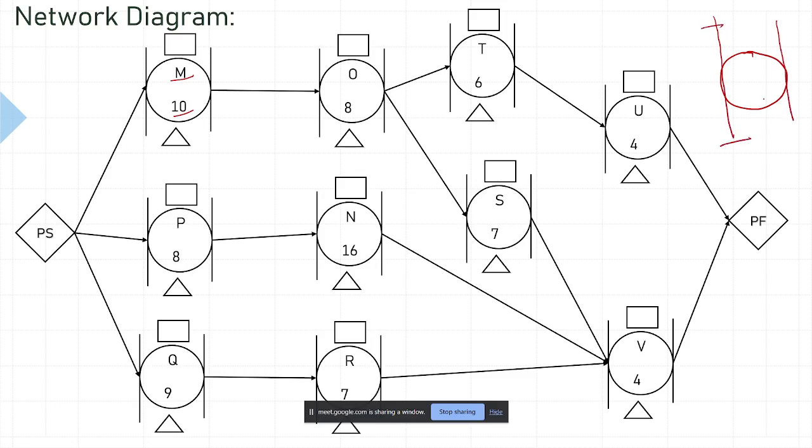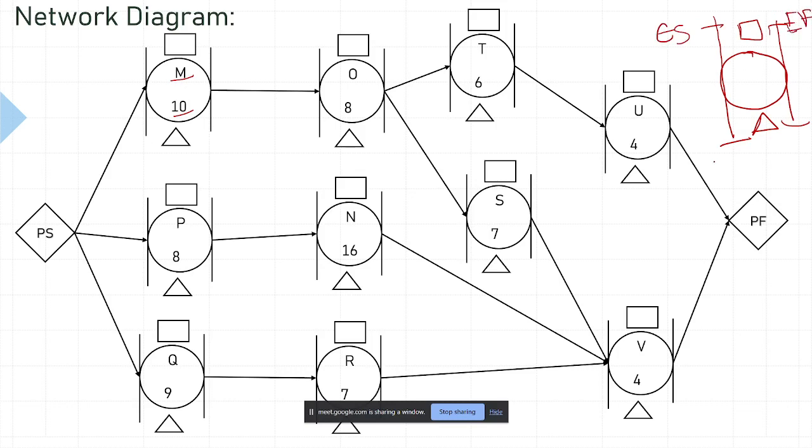What is this? What is this? Okay, what do we write here? This corner: early start. Here, early finish, I guess.